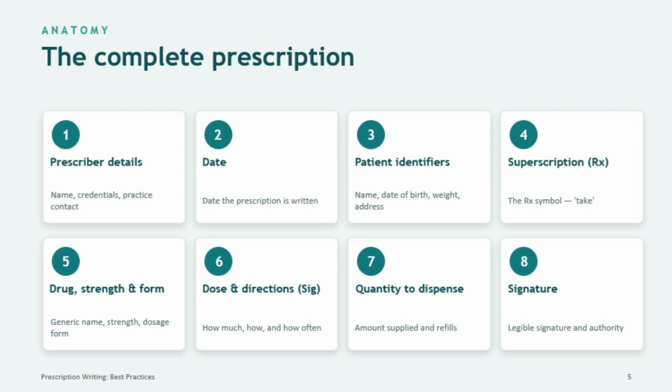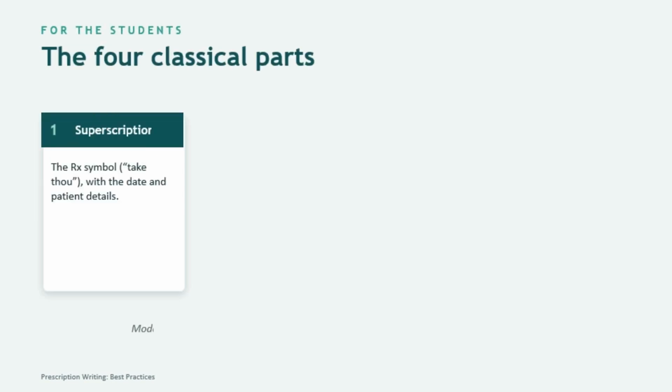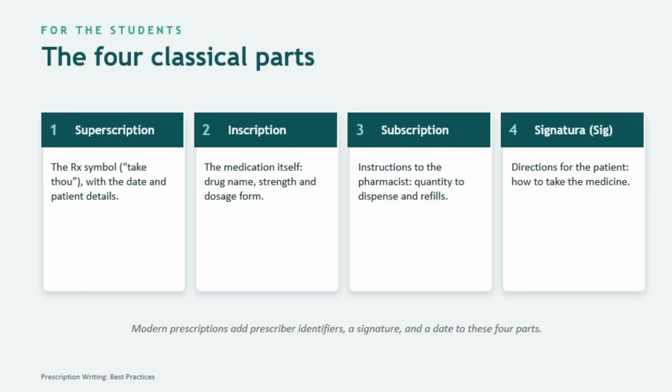The subscription is the instruction to the pharmacist on how much to dispense. And the signature or sig is the direction for the patient on how to actually take the medicine. Modern prescriptions simply add your identifiers, signature and date on top of these 4. Knowing the anatomy makes the whole thing feel logical rather than memorized.